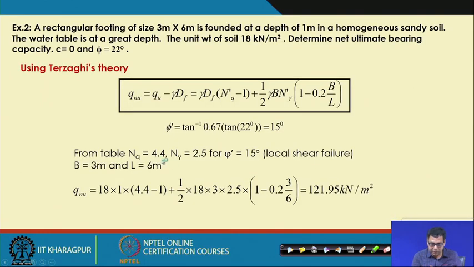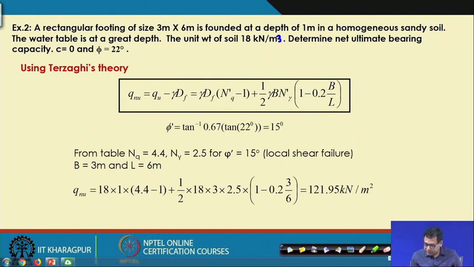So here also Nq is 4.4, N gamma is 2.5, for the local shear failure, and the other things are the same. So we will get a value of 121.95 kilonewton per meter square, again with gamma in kilonewton per meter cube. So this is the case if it is local shear failure.